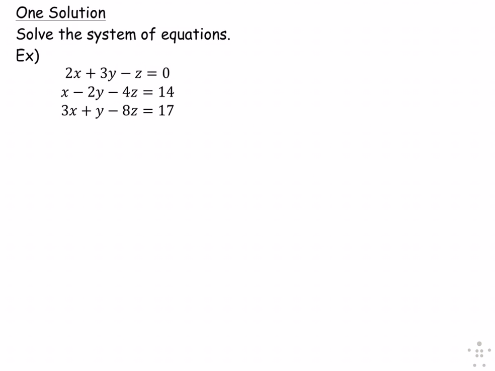So there are many ways to the right answer here using the same general ideas. Now the z's have LCDs of 4 and 8. So I'm not going to eliminate the z's. I'm going to focus on either the x's or the y's. It's your choice. Because one of these y's already has a negative, that's going to make things a little easier, so I'm just going to eliminate the y's.